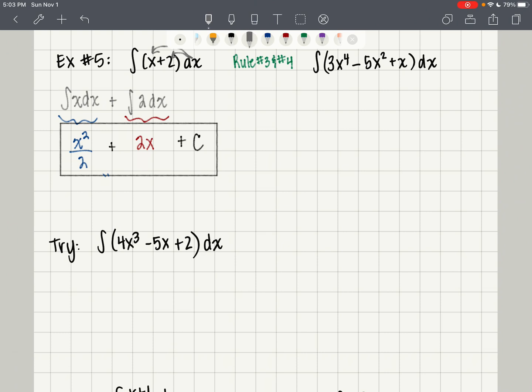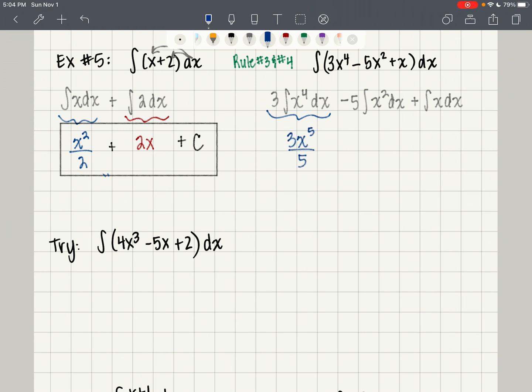The indefinite integral of 3x to the 4th minus 5x squared plus x dx. That's the integral of 3x to the 4th dx minus 5 times the integral of x squared dx plus the integral of x dx. And this first one is going to be 3x to the 5th over 5.